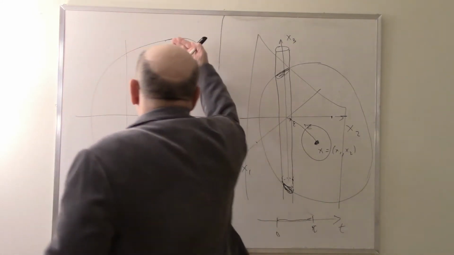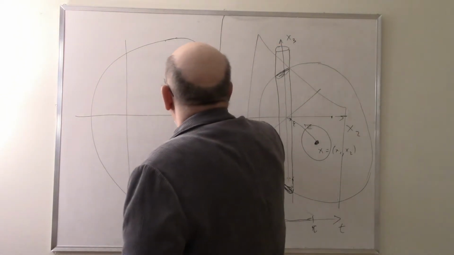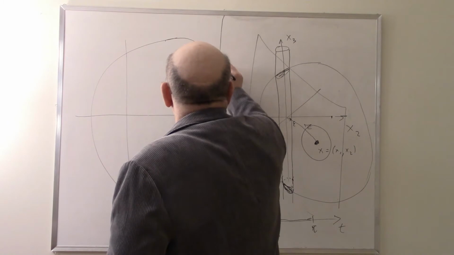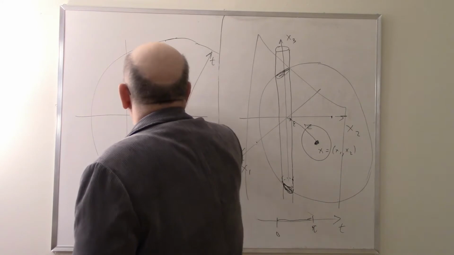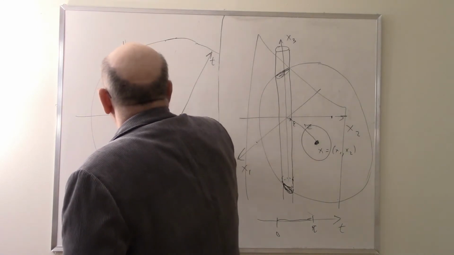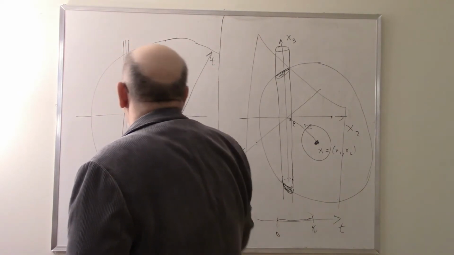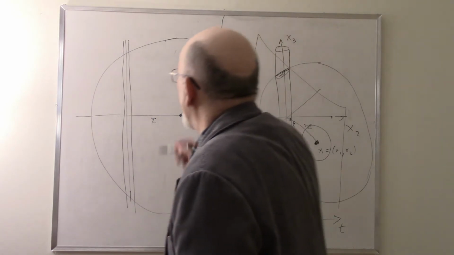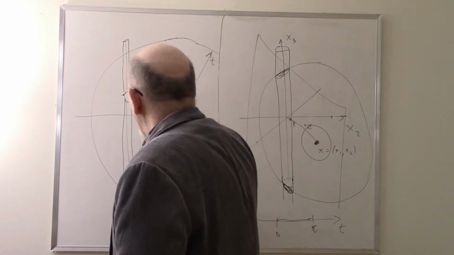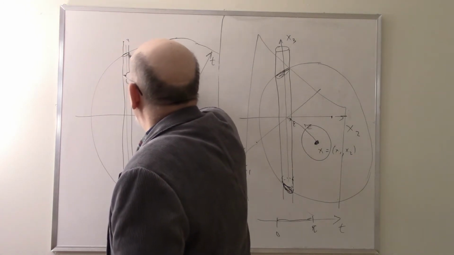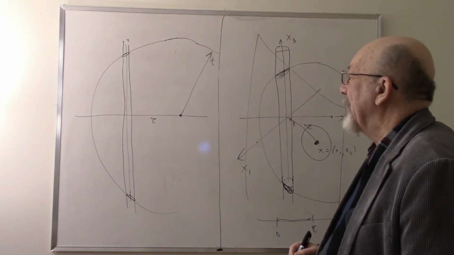So this is the section of this sphere of radius t. This is the distance r, and our function is concentrated in this small strip, the small cylinder like this. And these are the intersections of this cylinder with our sphere.